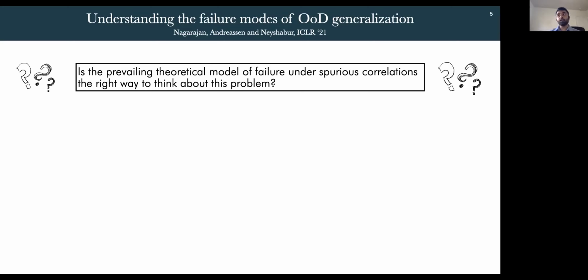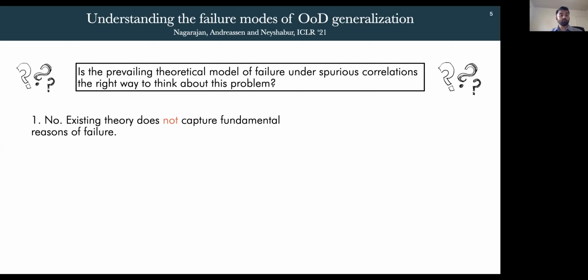And we provide an answer that suggests that it may not be the right way to think about this, because it does not capture some of the fundamental reasons behind why classifiers use these spurious correlations.